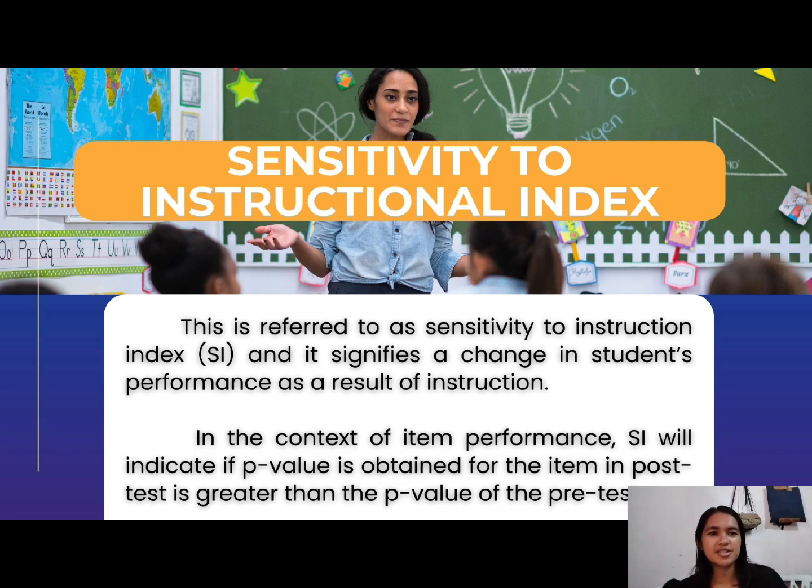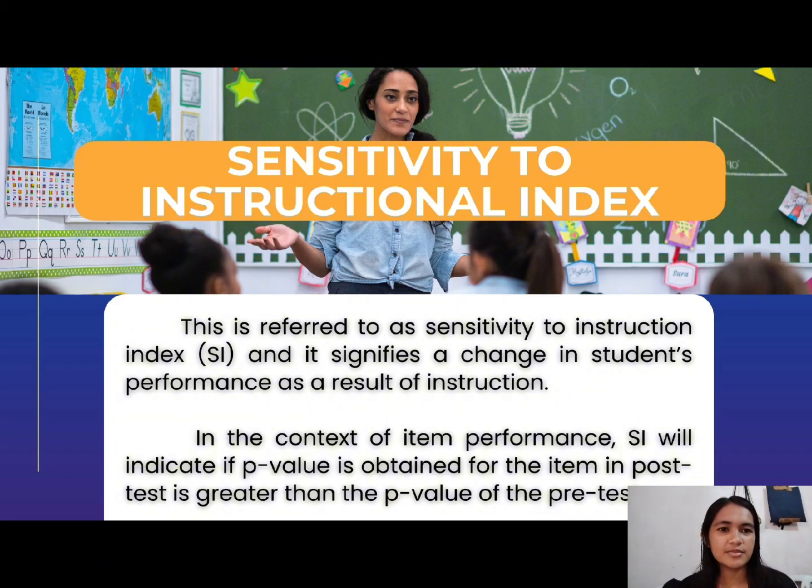Now let's move on to the last empirical procedure, which is the sensitivity to instruction index. The sensitivity to instruction index, or SI, signifies a change in students' performance as a result of instruction.